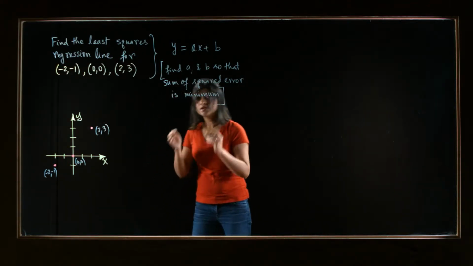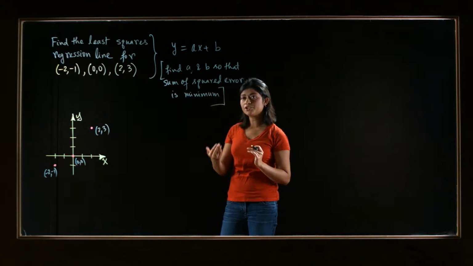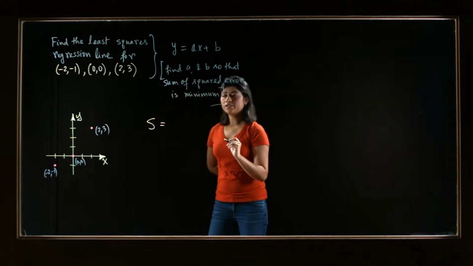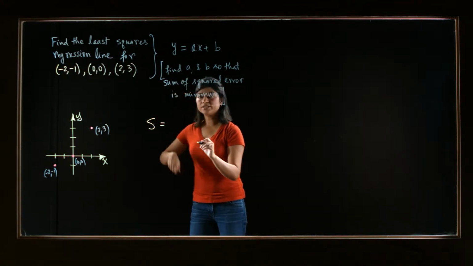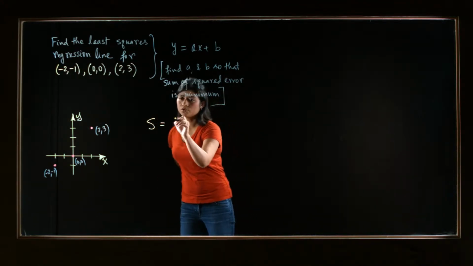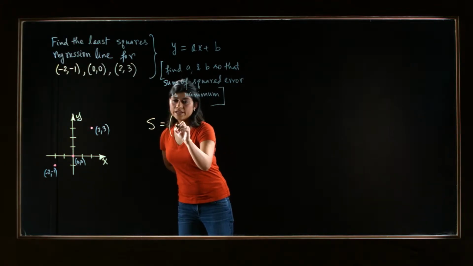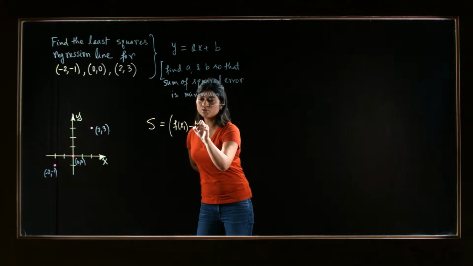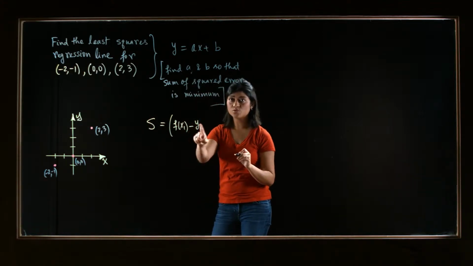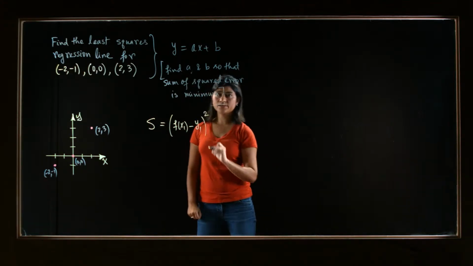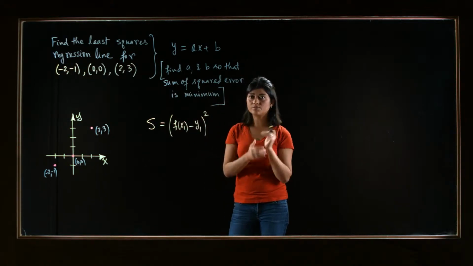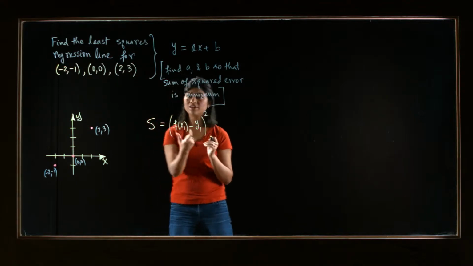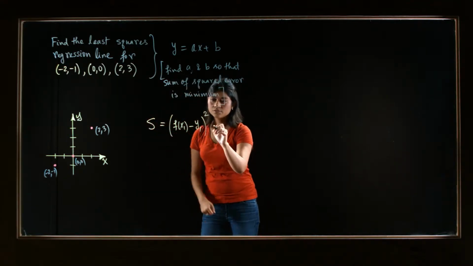Okay, now recall the definition of the sum. So the definition is we have to take the difference of the function values and the actual y value given a point x1, y1 and square that, and then we have to add each term this way for each point. Now look, there are 3 points, so we'll have 3 terms like this.